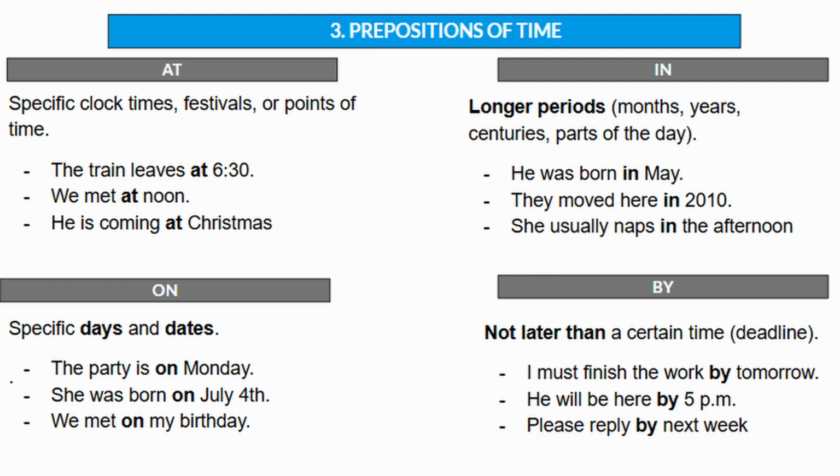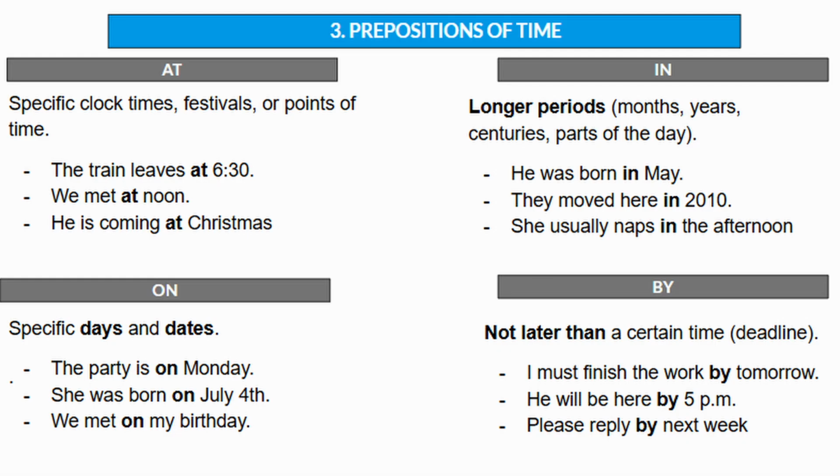We say on because we have the word day already in birthday. At Christmas, but on Christmas Day. When you add the word day at the end, you also have to change the preposition. If the preposition was at, now you have to change it into on: he is coming at Christmas, and he is coming on Christmas Day.